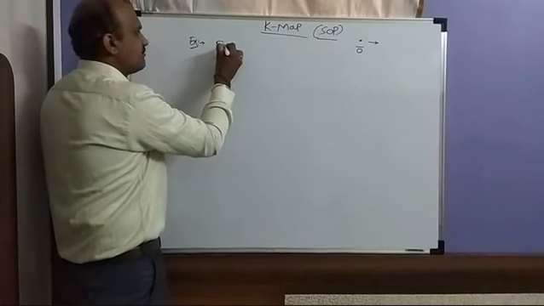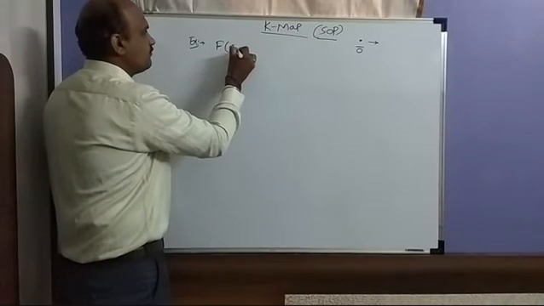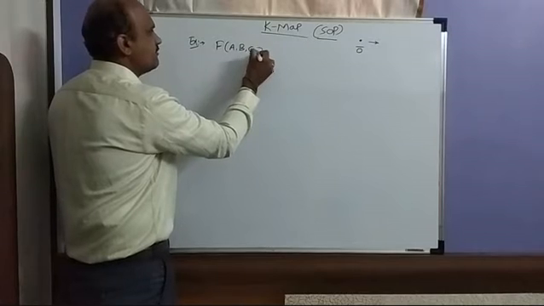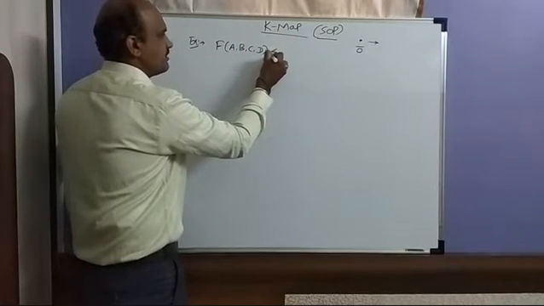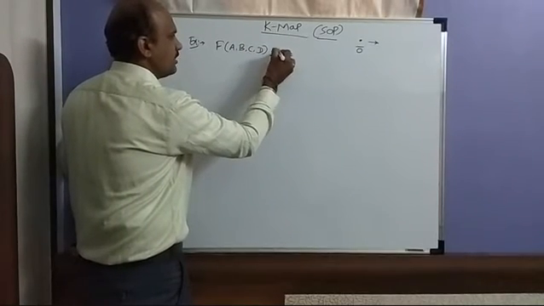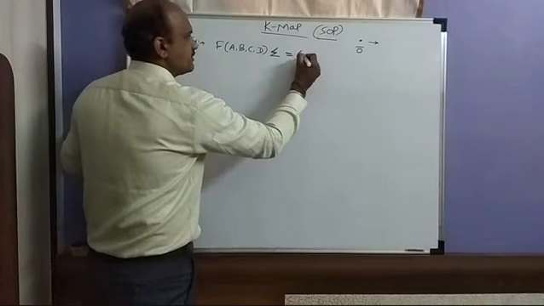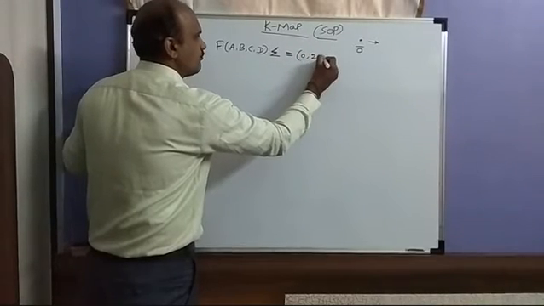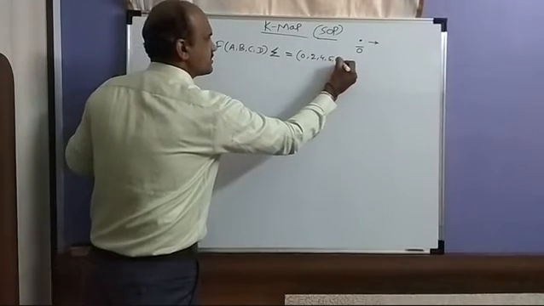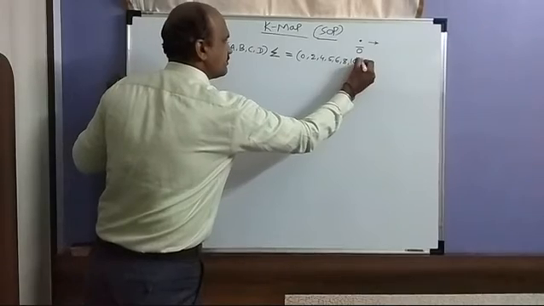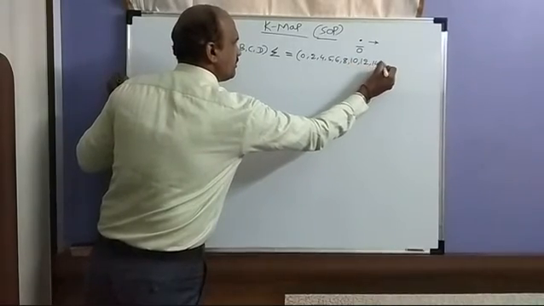So if they give the example like this, f of a, b, c, d, then summation. Summation means the symbol, as I told you, it is a SOP. So the numbers should be within 0 to 15. That is 0, 2, 4, 5, 6, 8, 10, 12, 14, 15.